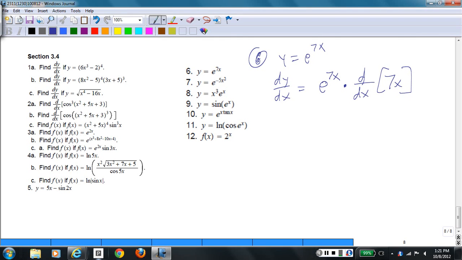The chain rule says multiply by the derivative of what's inside the parentheses, which is basically that 7x. We're composing e with 7x, so we multiply by the derivative of the inside function, the derivative of 7x, and so dy/dx equals 7e to the 7x.